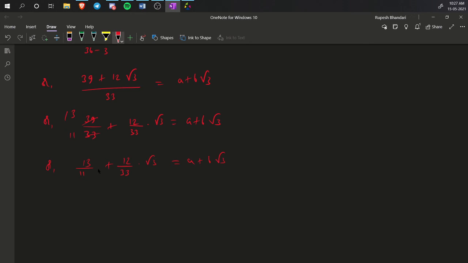So when you compare it, comparing like terms on both sides, based on that what you will be getting is A equals 13 by 11, and then your B will be basically this guy over here, 12 divided by 33.